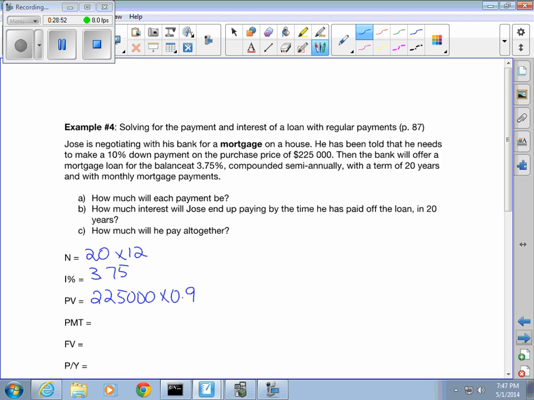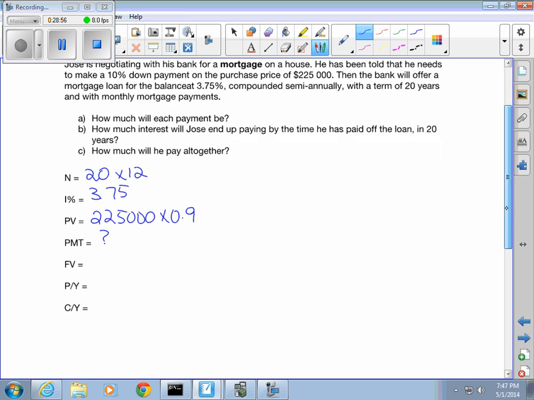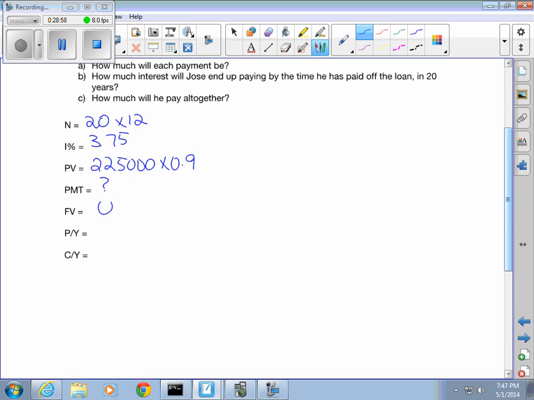We want to find out what our payment is. Our future value we want to equal 0. Our payments per year are 12 monthly payments, but our compounds per year are 2, since the interest is semi-annual.